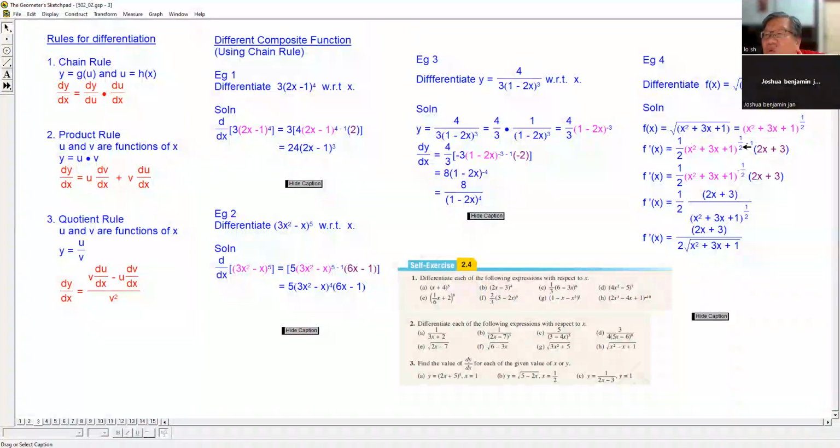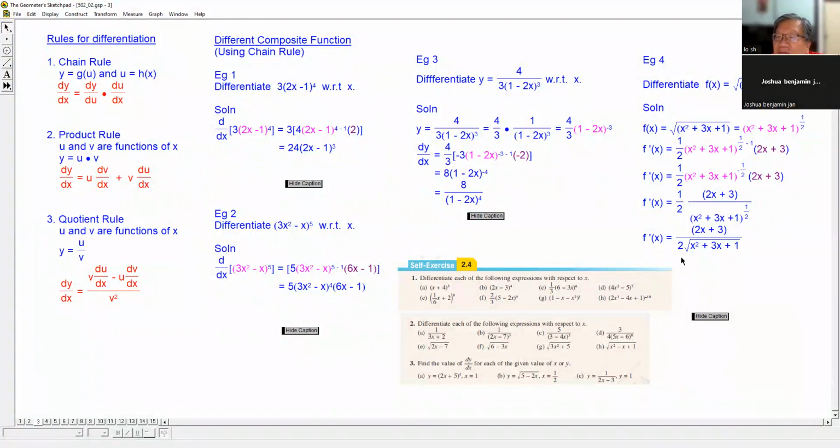And half minus 1 is negative half. This one power negative, so this thing will go at the bottom. This one power positive, so this one will go to the top. This number goes to the bottom. This number goes to the top.